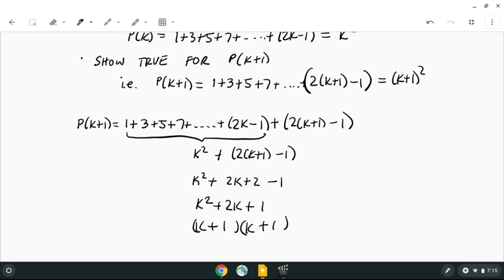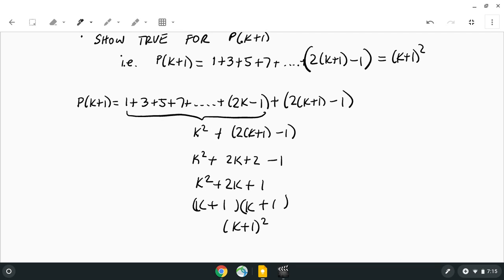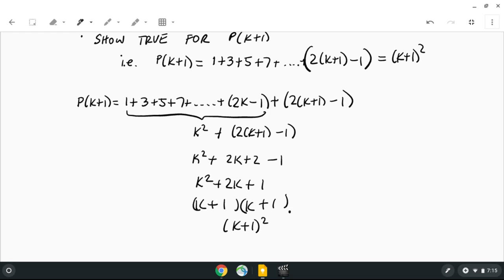And what do you know? I got this sum to look just like this. So the proof of this last part showed that it's true for P of k plus 1. The proof is here in the work.